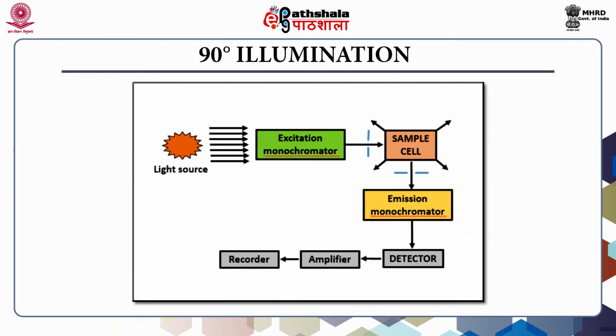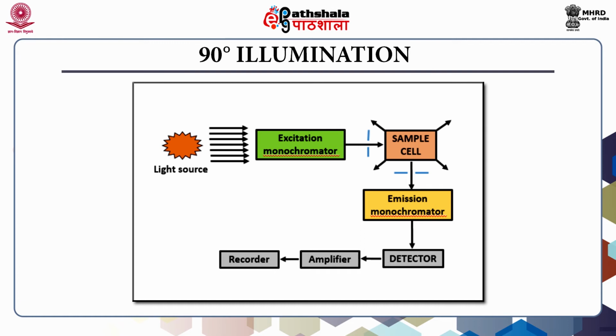This figure shows the 90-degree illumination setup. One monochromator, also known as the excitation monochromator, is used for the selection of the excitation wavelength from the incident beam. The fluorescent sample will emit fluorescence in all directions.